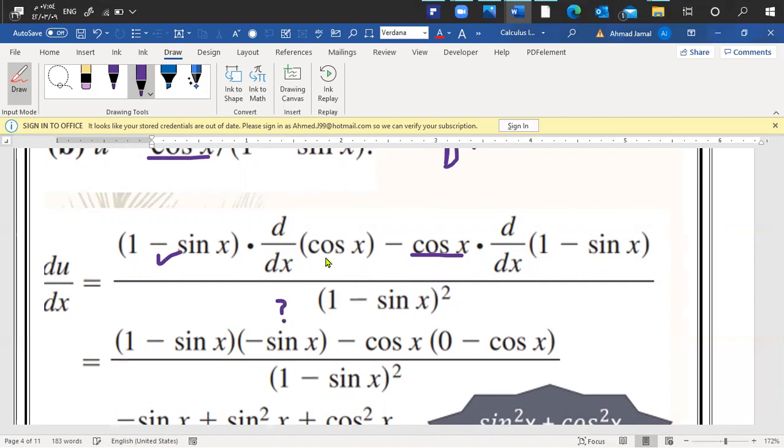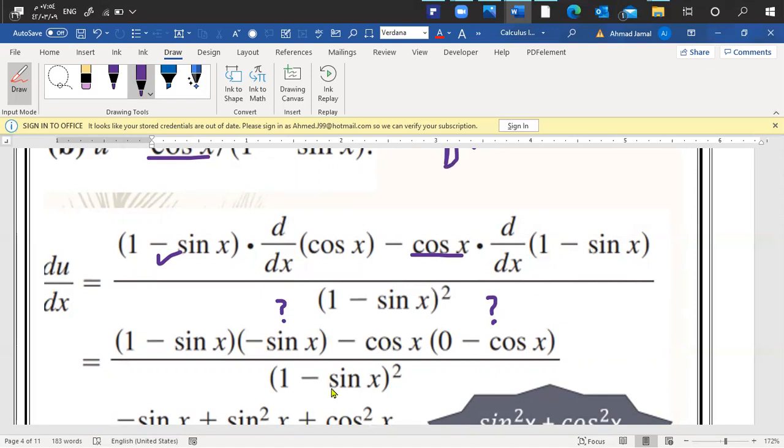What is the derivative of cosine? It will be negative sine. Then I will write cosine x as it is, and ask yourself what is the derivative of 1 plus sine x. The derivative of 1 is 0, the derivative of sine will be cosine.